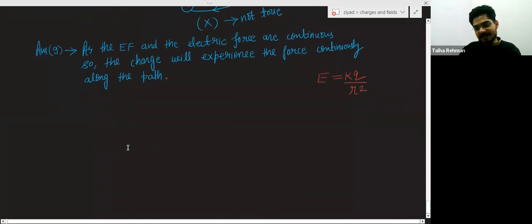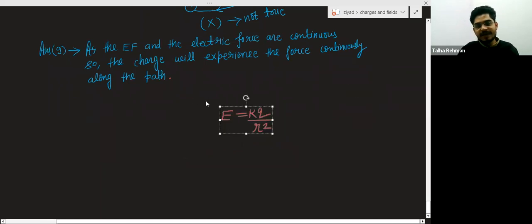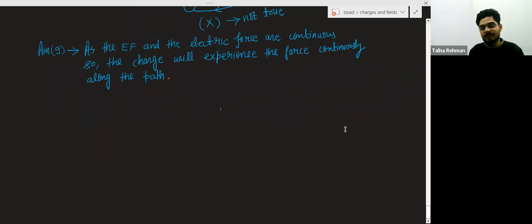Suppose the electric field is continuous. If the charge is here, or here, on the charge there will be a continuous electric force and electric field. But I think this answer will be the more correct one: the electric field function with respect to distance is a continuous function.